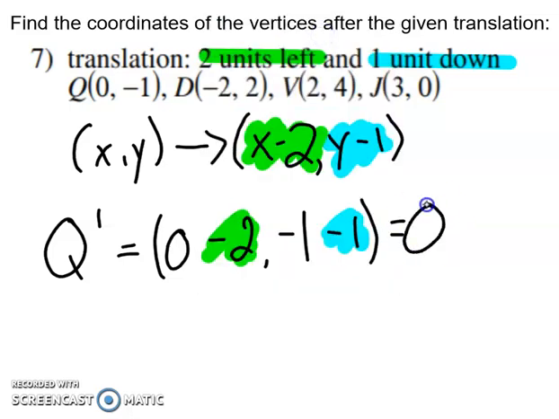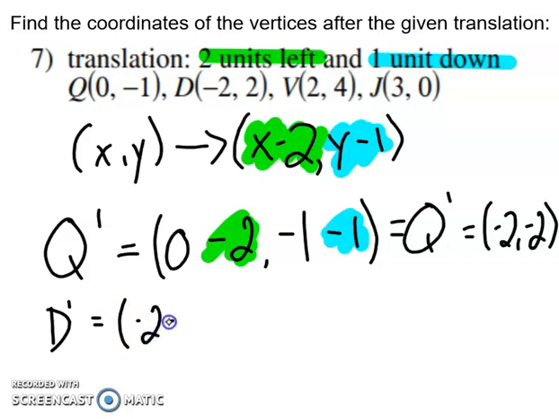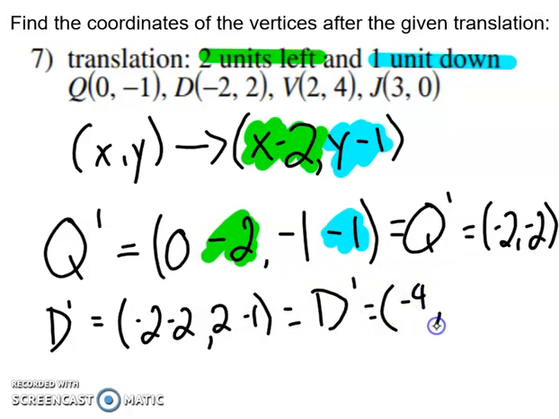So we get Q prime is equal to negative 2, comma, negative 2. D prime, again, is going to be negative 2 minus 2, comma, 2 minus 1. D prime is negative 4, comma, 1.